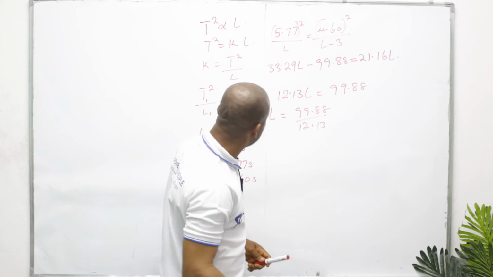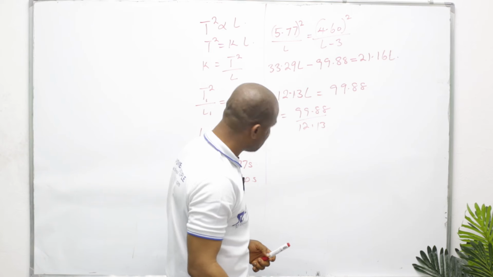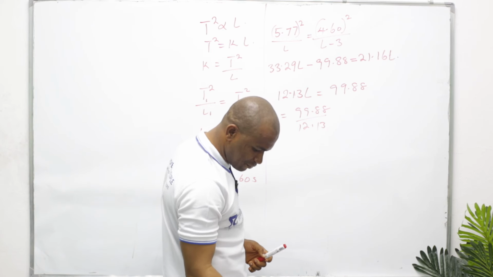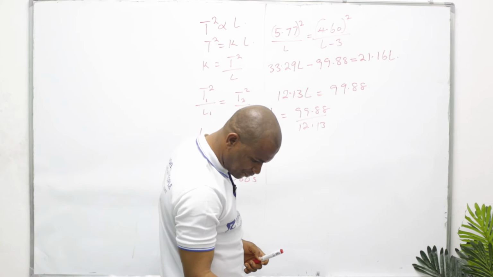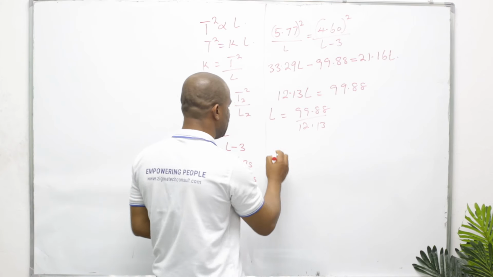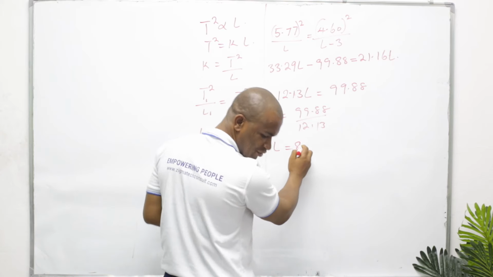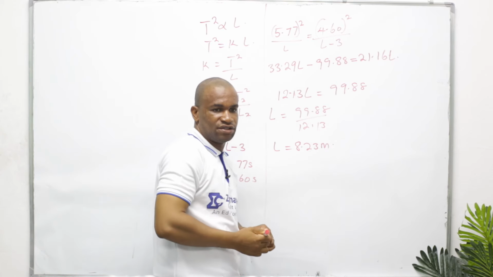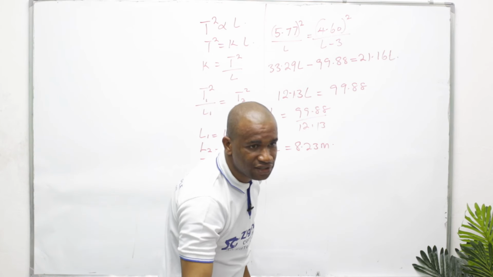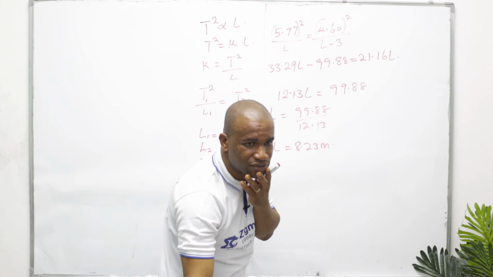And when we do that, what do we have? 99.88 divided by 12.13. So L is equal to 8.23 meters. Alright, do we see that option there? Okay, the option is not there.